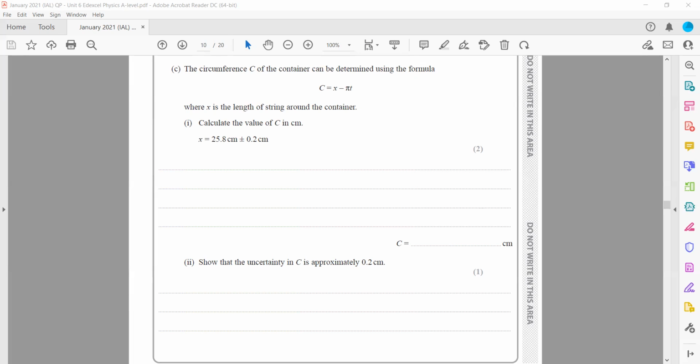We already have the uncertainty in the value, because when you work out, see, this x was having uncertainty 0.2, and t is also having uncertainty 0.022. So this was 0.2, and uncertainty always adds. Pi is 3.14.